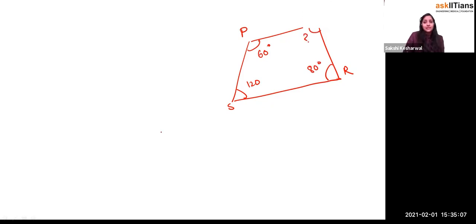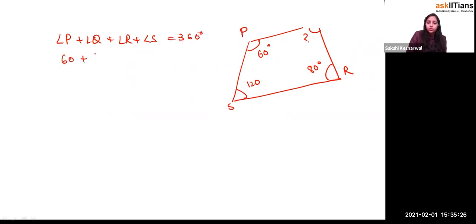We know that the angle sum of quadrilateral PQRS is 360 degrees. So angle P plus angle Q plus angle R plus angle S is equal to 360 degrees. Angle P is 60 degrees, angle Q is what you have to find, R is 80 degrees, and this is 120 degrees. It is equal to 360 degrees.